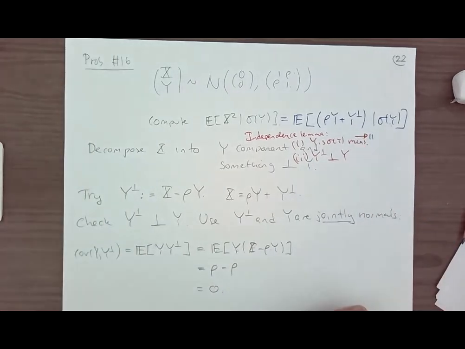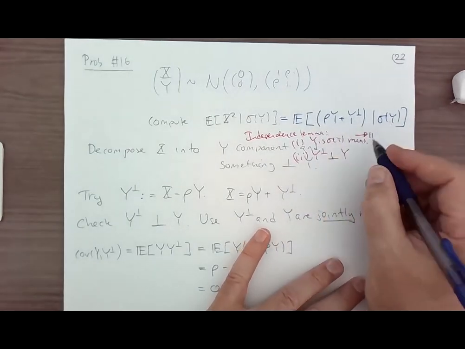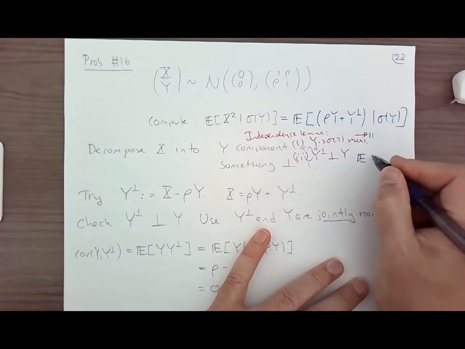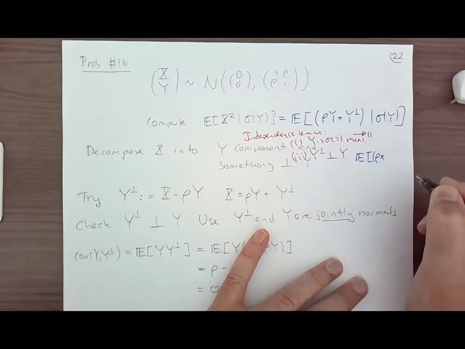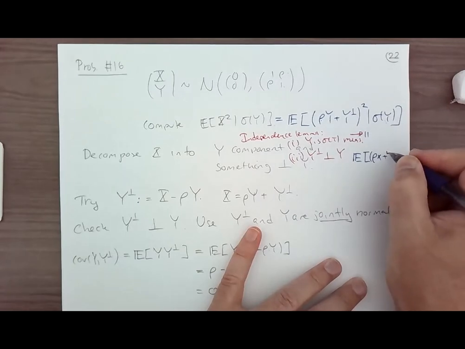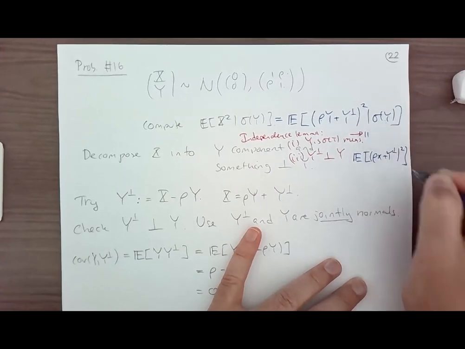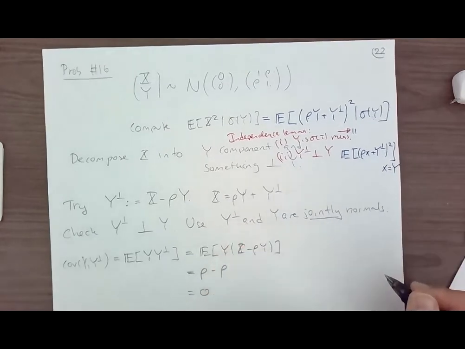So now we can use the independence lemma, and it will tell us that this expectation over here can be calculated as the unconditional expectation. You replace the measurable part with a dummy. So let's say rho x plus y perpendicular squared. And then you put x equal to y when you're done.